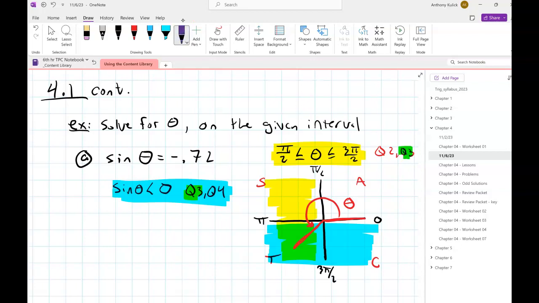I'm now going to introduce another measurement, the measurement for the angle alpha. Alpha is going to be the angle between the x-axis and the terminal side of theta.